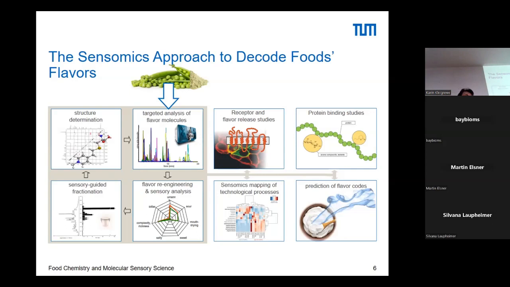With the help of the Sensomics concept, we could decode the aroma of P protein. The Sensomics concept normally starts with a separation of volatiles from non-volatiles, a structure identification, as well as structure determination.